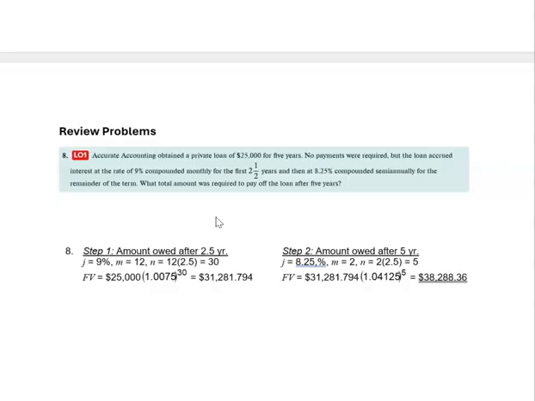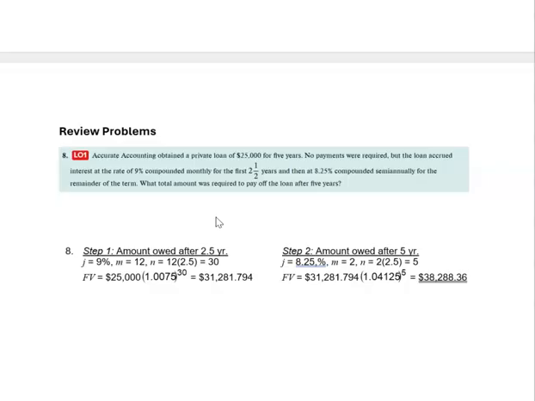To put that into your bracket, you come out with 1.04125, to the power of 5. That's your N. So you put that in your calculator: 1.04125, click the y to the power of x button, then put in 5 and equals.